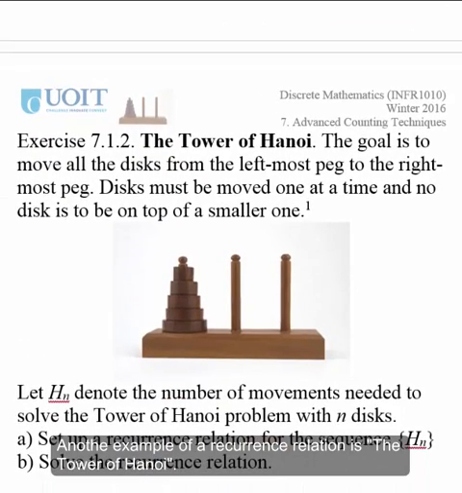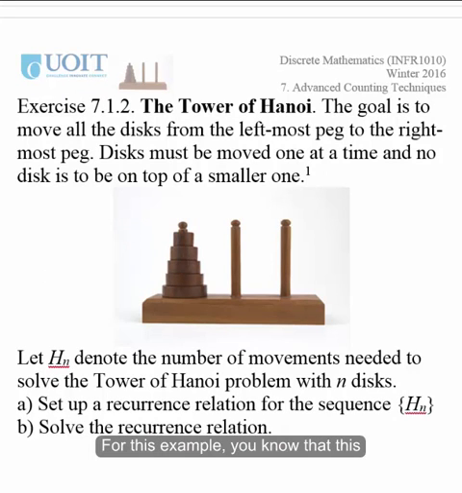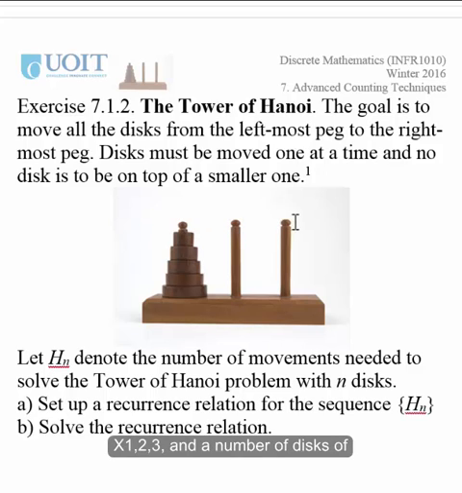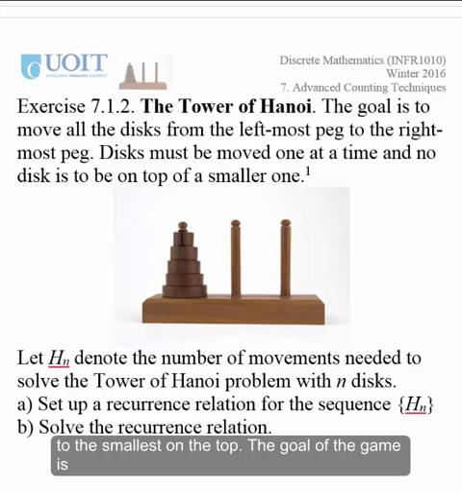Another example of a recurrence relation is the Tower of Hanoi. This is a kind of game. You have 3 pegs, 1, 2, 3, and then you have a number of discs of different sizes arranged from the largest on the bottom to the smallest on the top.